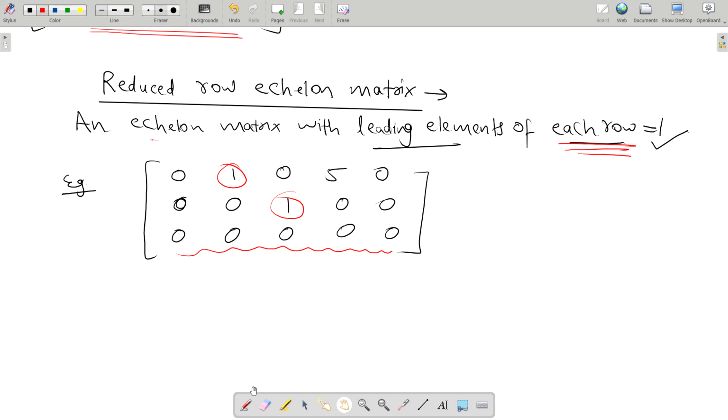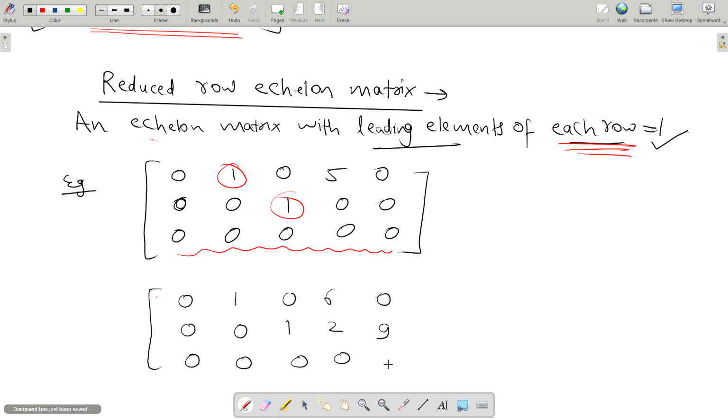If we take another example, 0 1 0 6 0 0 2, let's do that, 0 1 2 9, 0 0 0 0 1.